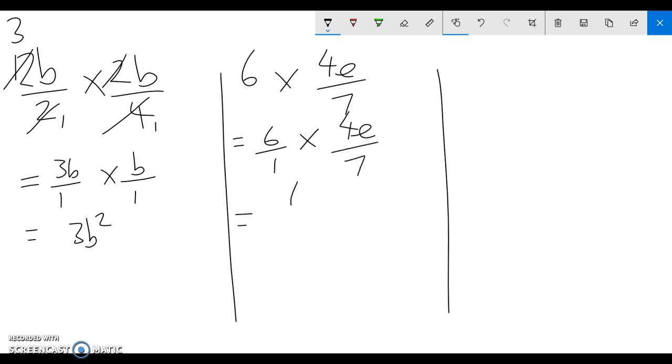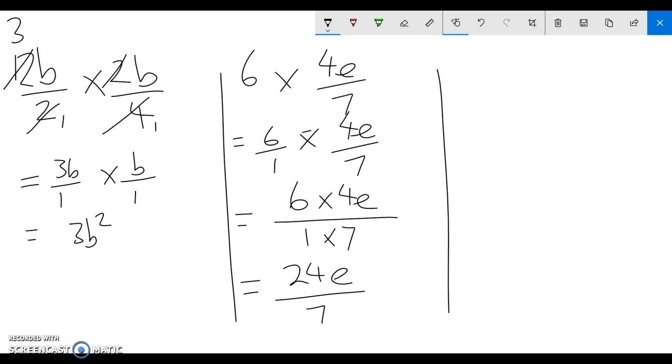Then you multiply the numerators together, or the top lines together, and you multiply the denominators together, because that's what you do in multiplying fractions. So you get 6 times 4e, which is 24e, over 7. And 7 doesn't go into 24, so that's as simple as you can make it. There wasn't anything you could cancel, even on the diagonal.